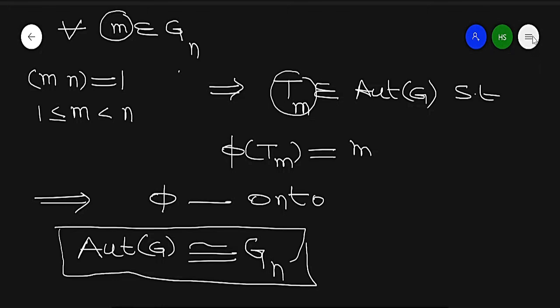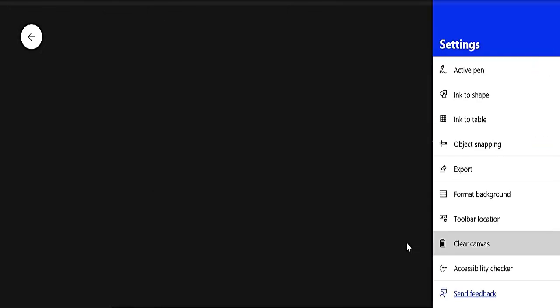Now after doing these two questions, suppose we have a cyclic group Z, which is a cyclic group of infinite order, and if we have a cyclic group of order n, then the automorphism of G is isomorphic to U(n).